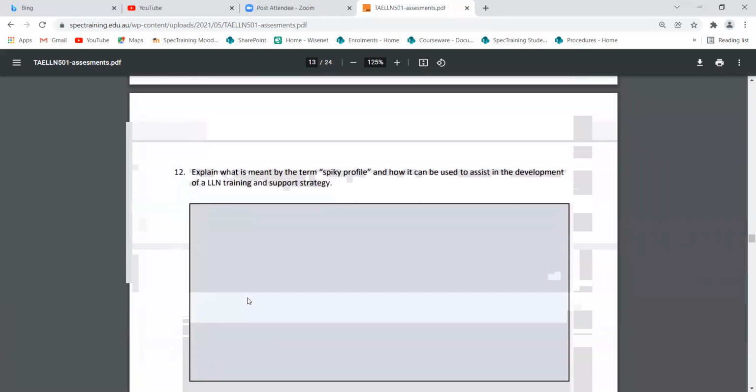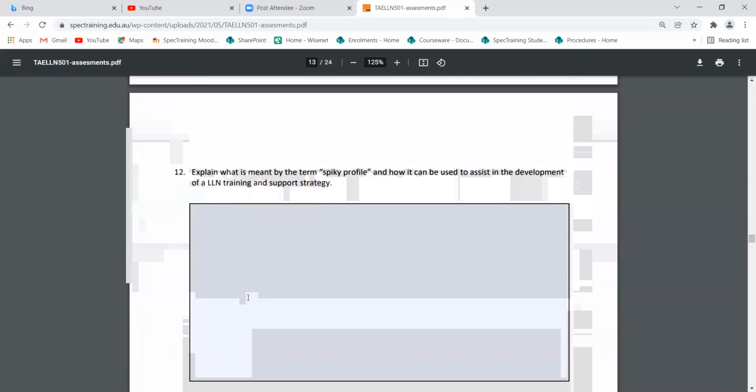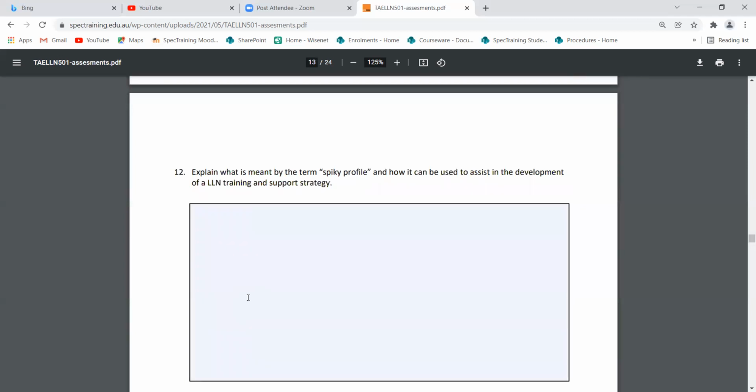Okay. Coming down, question 12, explain what is meant by the term spiky profile and how can it be used to assist in the development of LN training and support strategy? Well, if you Google spiky profile, you're going to find a good explanation around it, but essentially it is the graphic illustration of the LN requirements for a unit of competency and a learner's ability.